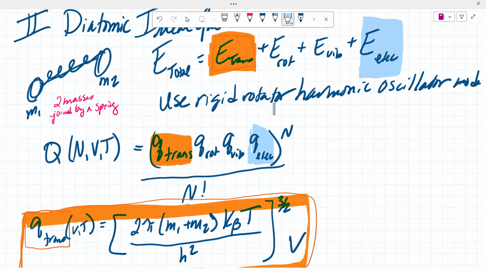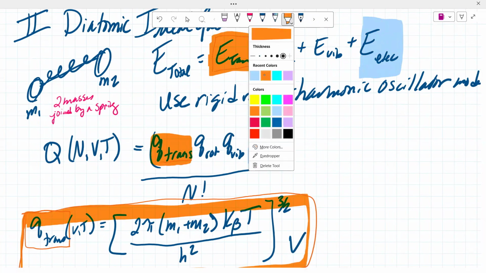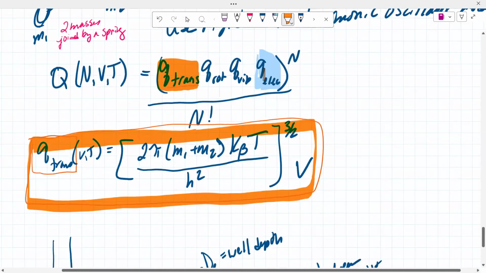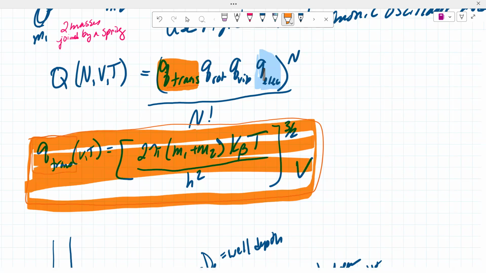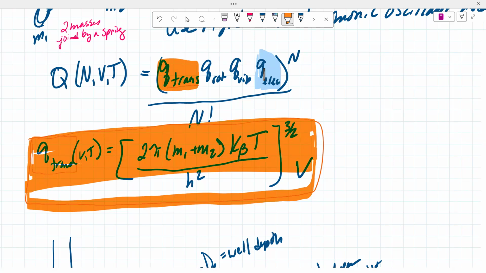The rotation and vibration are the ones that are new, and we haven't done those yet, so we're going to have to do those. Let's color this so that everything is organized and clear.